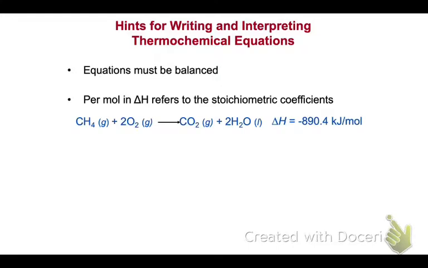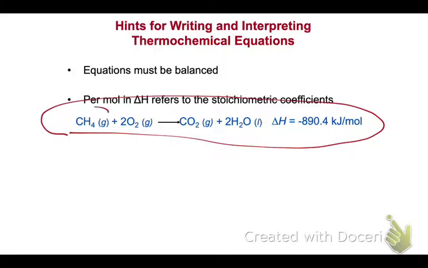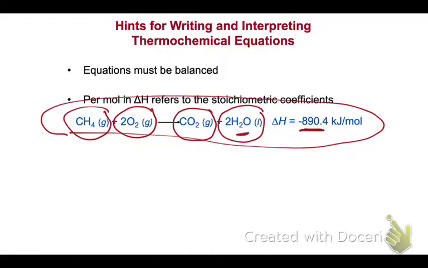When I say 890.4 kilojoule came out, it came out per mole based on the reaction that it is representing, meaning 1 mole of methane, 2 moles of oxygen, 1 mole of carbon dioxide, 2 moles of water. Every 2 moles of water will give out this energy. Every mole of methane will give out this energy, and so on.